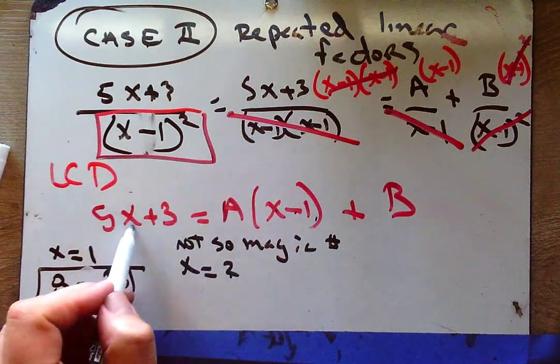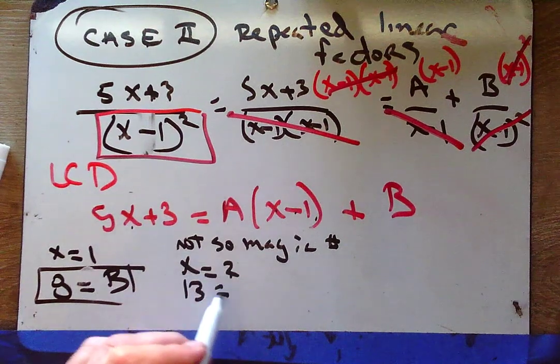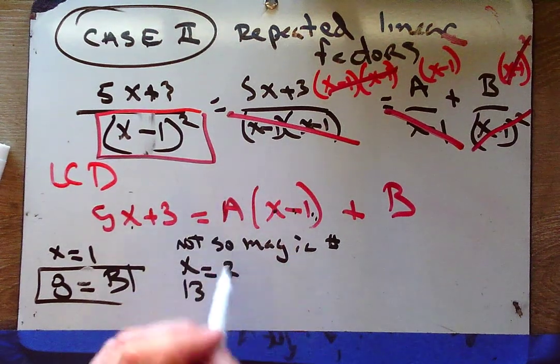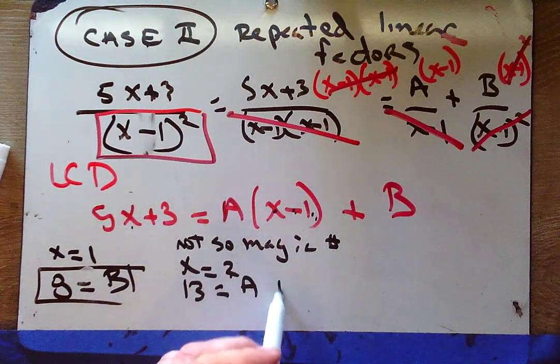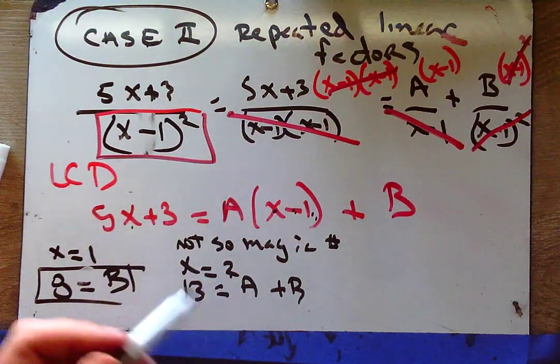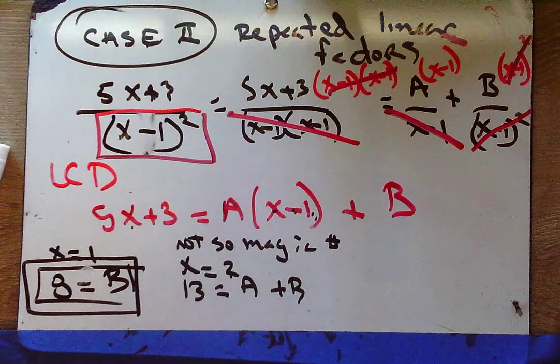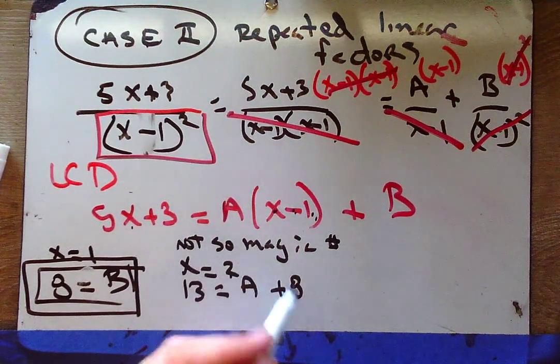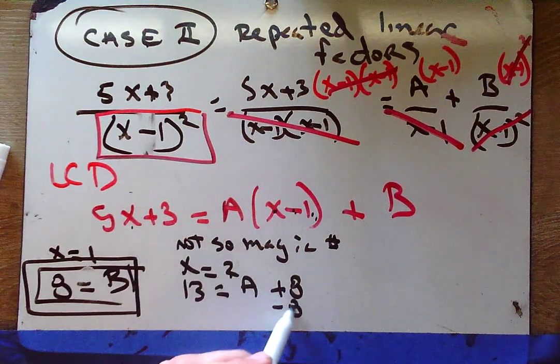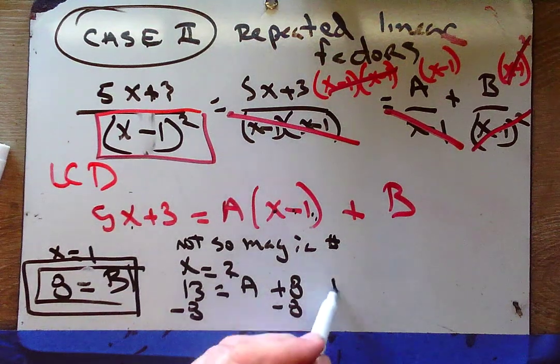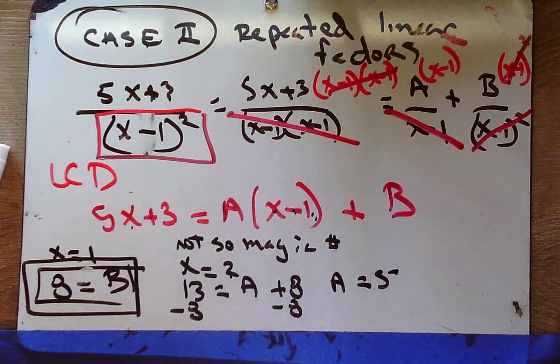So if I plug in x equals 2, I get 13 equals 2 minus 1 is 1 times a. And don't forget plus b. I know, we can't solve this yet. However, look over here. We know that b is 8. So I can do a little replacement, substitution, and I get that a equals 5.